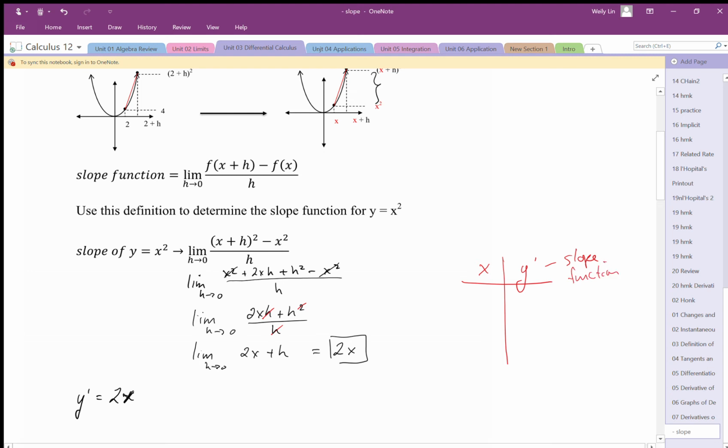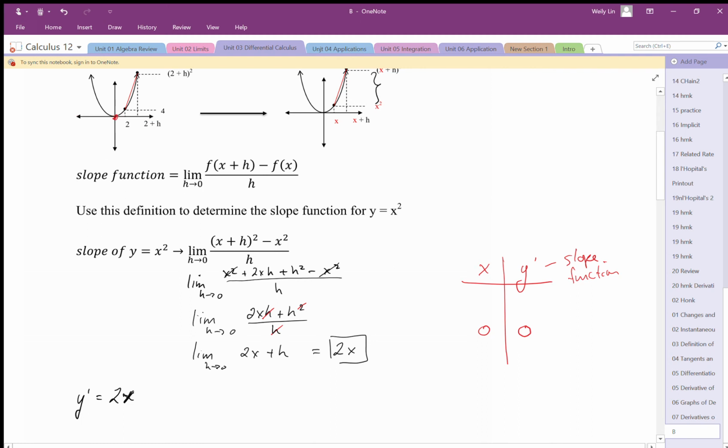And does this slope function actually give me relevant slope values? Okay, so let's take a look at 0. At 0, I have a slope of 0. So I'm just going to put 0. If I plug into my slope equation, yeah, I get a value of 0. Okay, that seems to work.